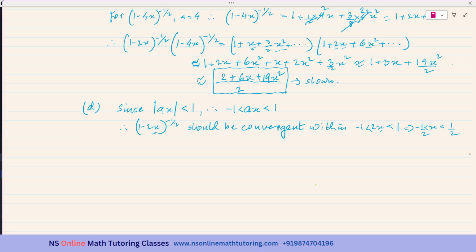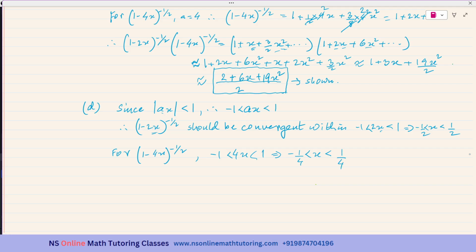Okay. For 1 minus 4x to the power of negative half, it should be 4x greater than negative 1 and less than positive 1. So this implies, again dividing all the 3 parts by 4, x is greater than negative 1 over 4 but is less than positive 1 over 4.